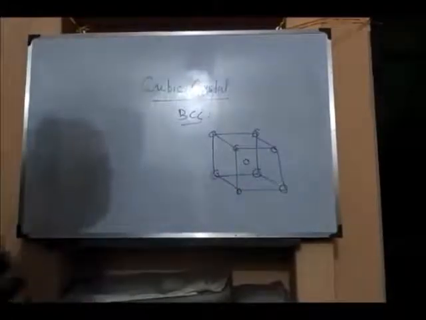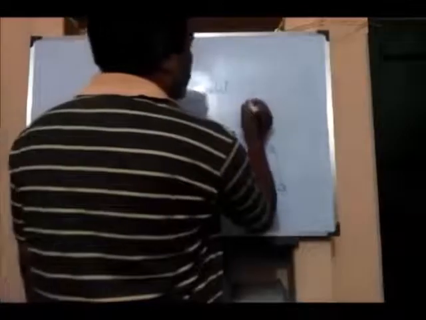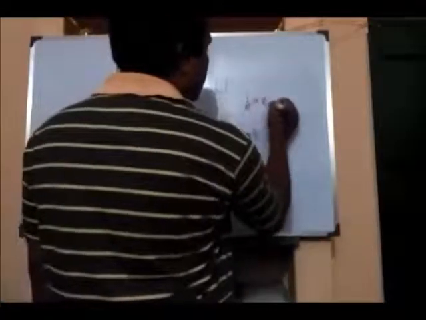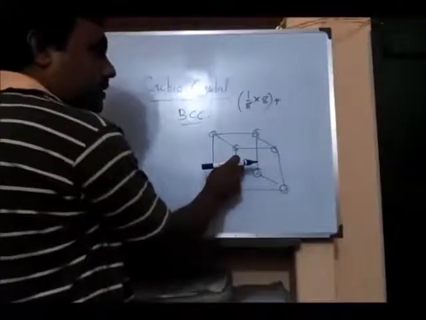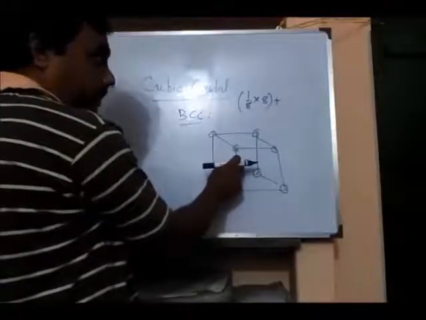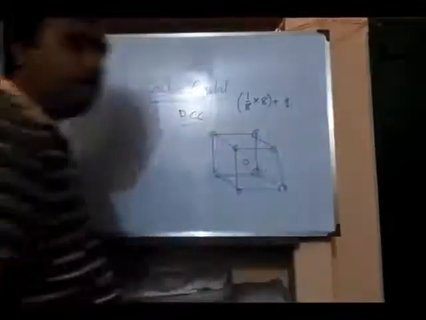So the contribution of each corner atom is 1/8 into 8, plus, as this atom is situated at the center of this cube, the contribution of this atom is just 1.